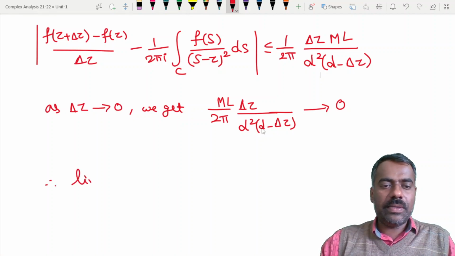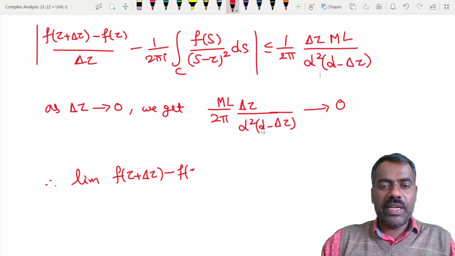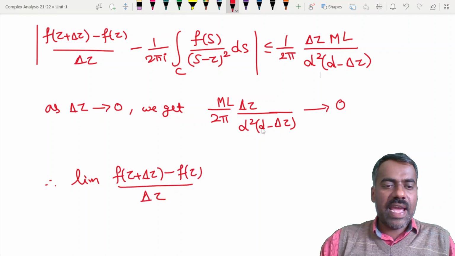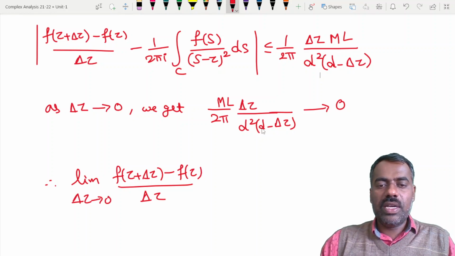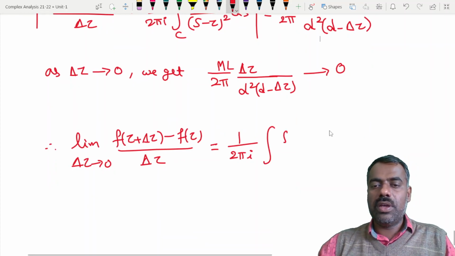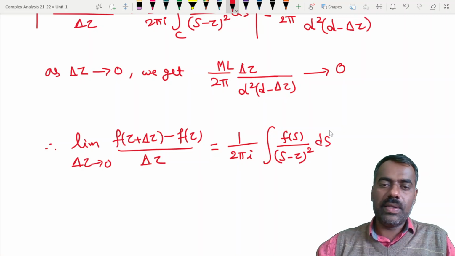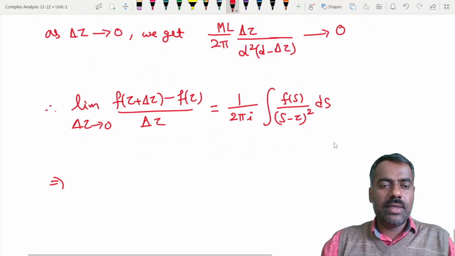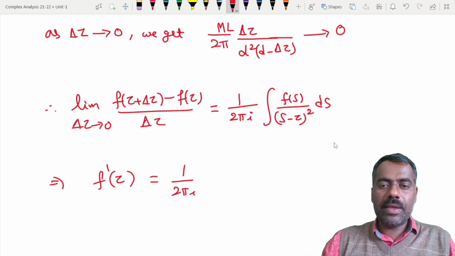That means limit of f of z plus delta z minus f of z upon delta z as delta z tends to 0 is equal to 1 by 2 pi i into integration of f of s by s minus z whole square. That implies f dash of z is equal to 1 by 2 pi i into integration of f of s upon s minus z whole square ds.